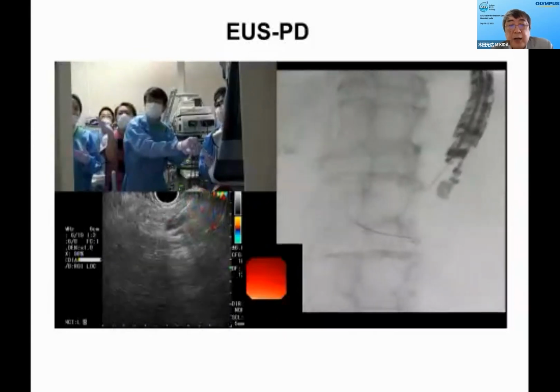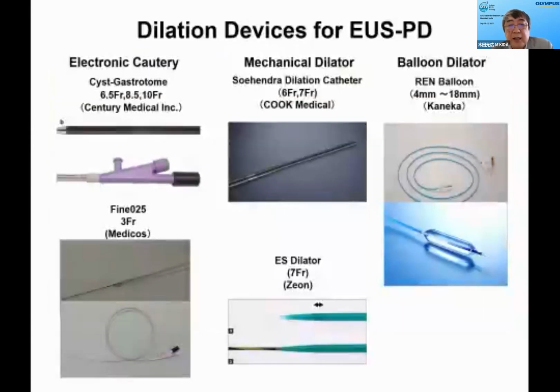After the insertion of the guide wire, there are several dilation devices like this: the electrocautery, the cystogastrotome, and in Japan we have the Fine 025, a very thin electrocautery, and also other mechanical dilators. The Soehendra dilator is famous, and also in Japan we have the ES dilator, and also there is the balloon dilation, REN balloon.